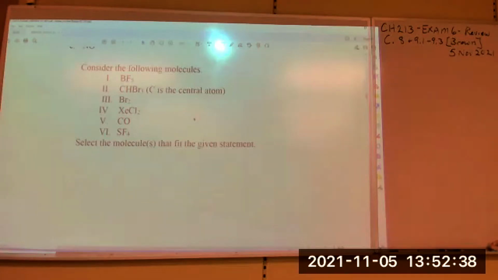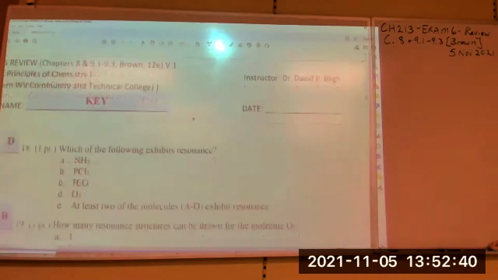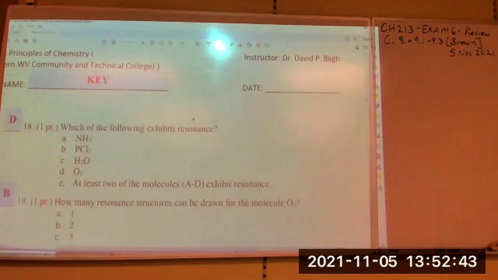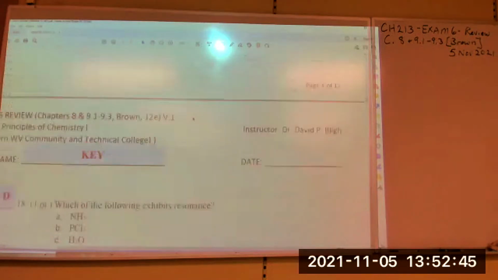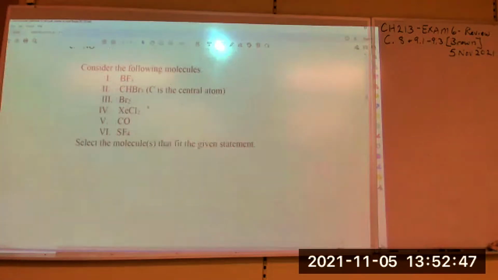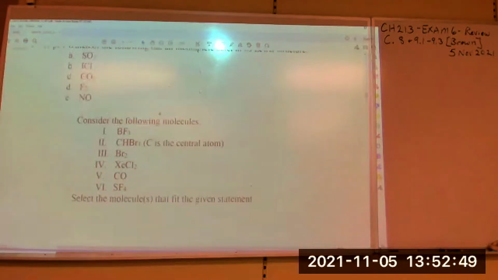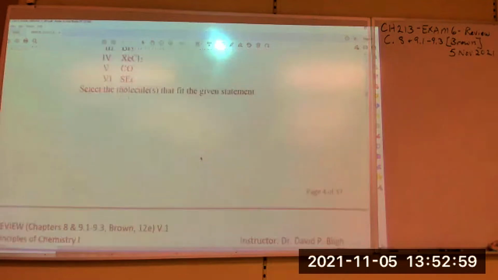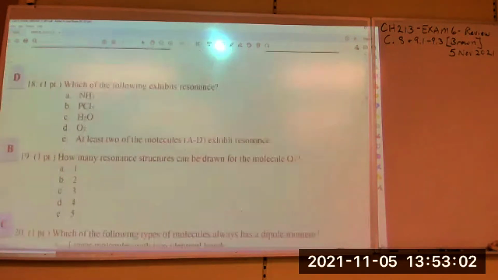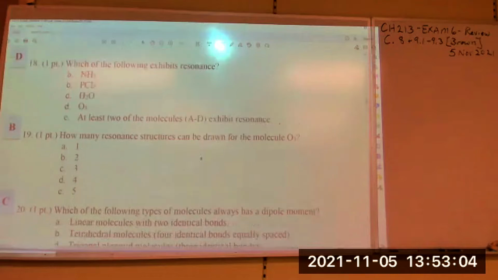Oh, is that one out of place? Ammonia, PCl5, water, and O3. Yeah, I don't know what it belongs to. I think when I put this thing together, cutting and pasting, I missed that one somehow. So we can ignore that statement. Just keep going. Which one of these exhibits resonance?